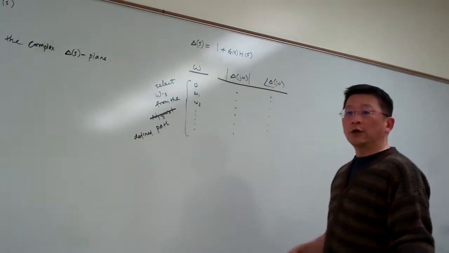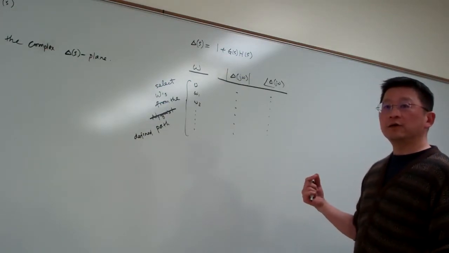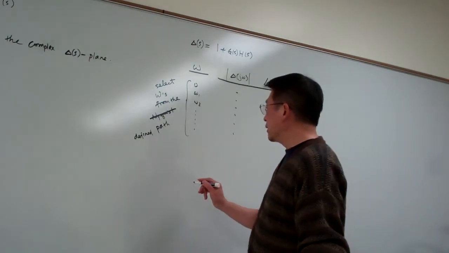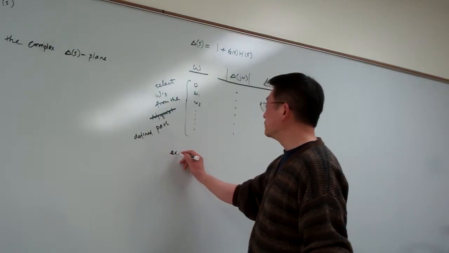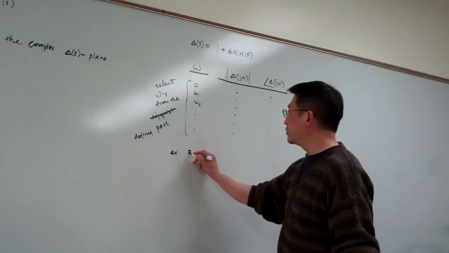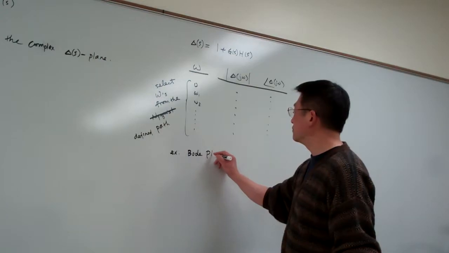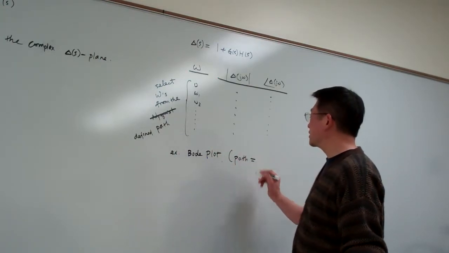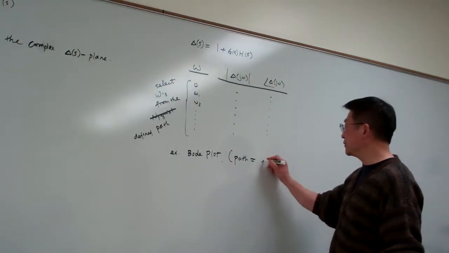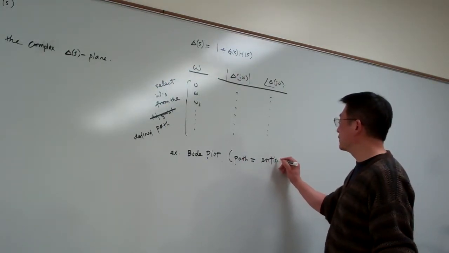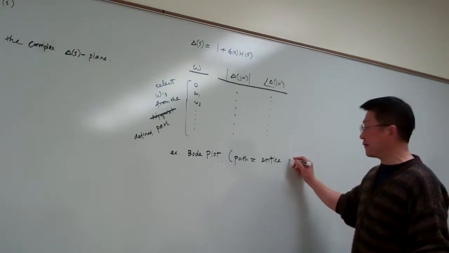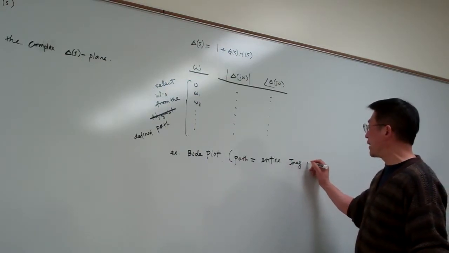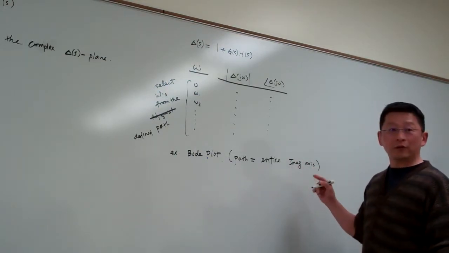Basically, what we've been studying is this. When you learn the Bode plot, the path basically constitutes the entire imaginary axis.